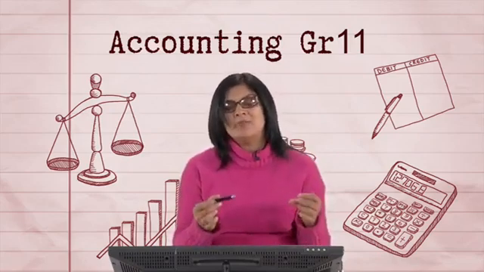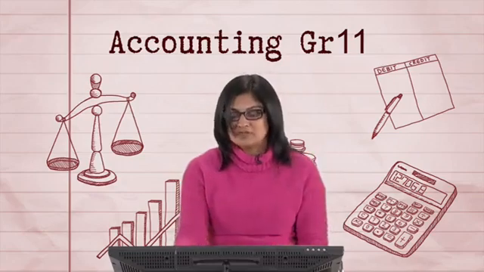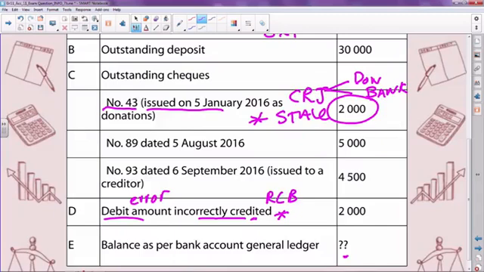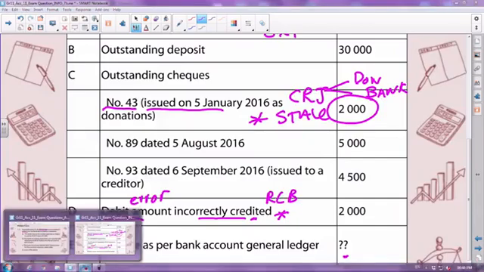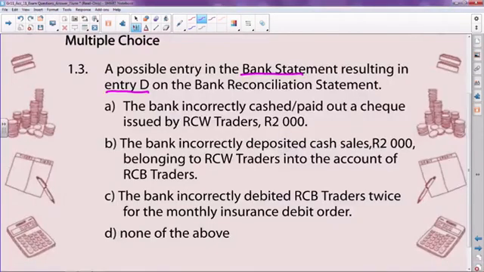Okay, so you guys understand. By mistake, the bank deposited 2,000 Rand into the account of RCB traders, and the bank is now debiting this amount. So if we go to the alternatives, let's look at the alternatives given.